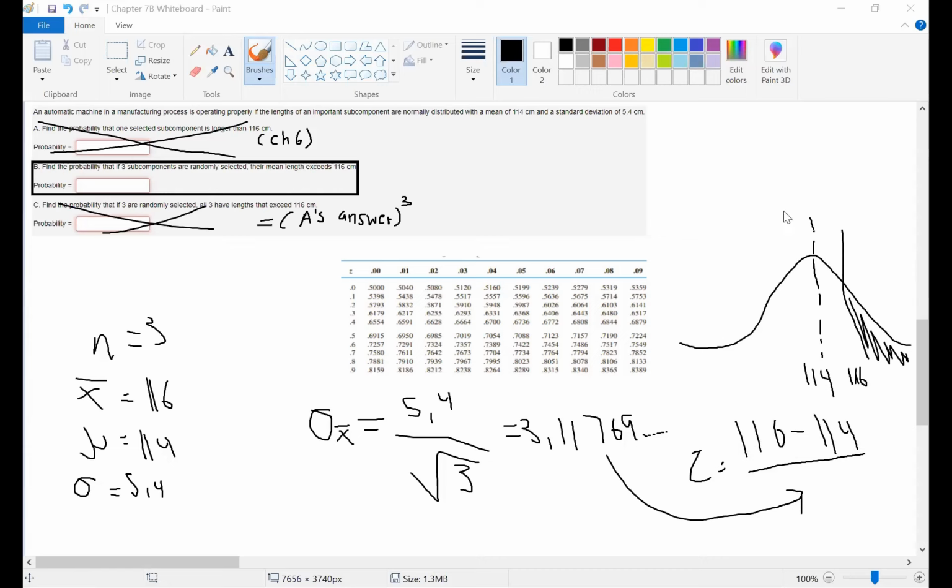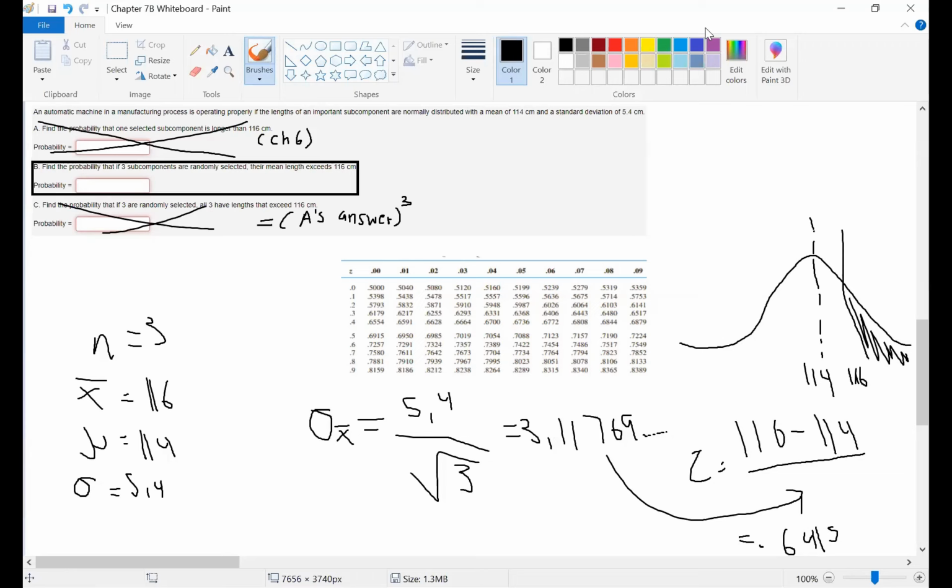Putting that into a calculator, this is equal to 0.6415. So now we have our z-score.